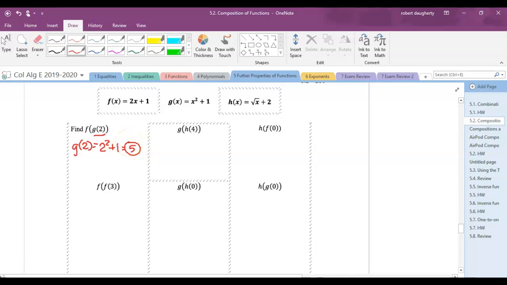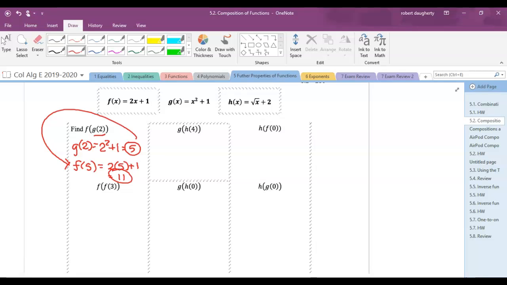So G of 2 is 5. This number has to get plugged into what? F. So F of 5 is equal to 2 times 5 plus 1. This answer is 11. Okay? Does that feel okay? So that's the difference. When you're looking for a specific value, always start on the inside.